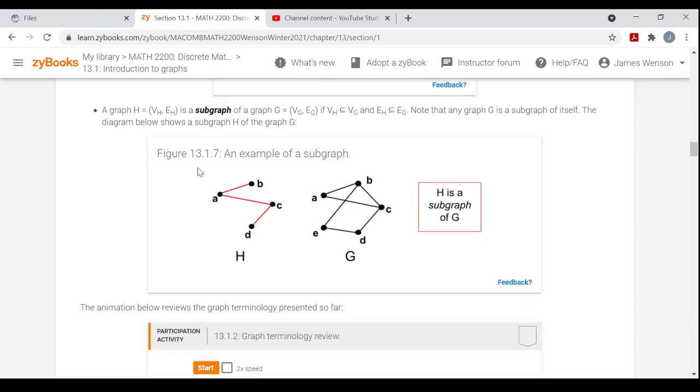All right, so I'm actually going to draw this one and show you what this means, right?